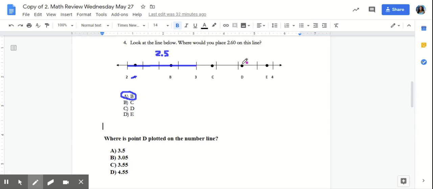Where's our halfway mark between 3 and 4? That's right, it's right here. So if we had a point here, what would that represent? That's right, 3.5.